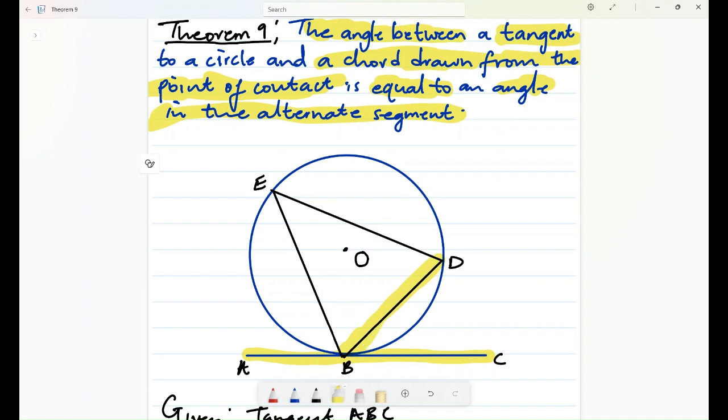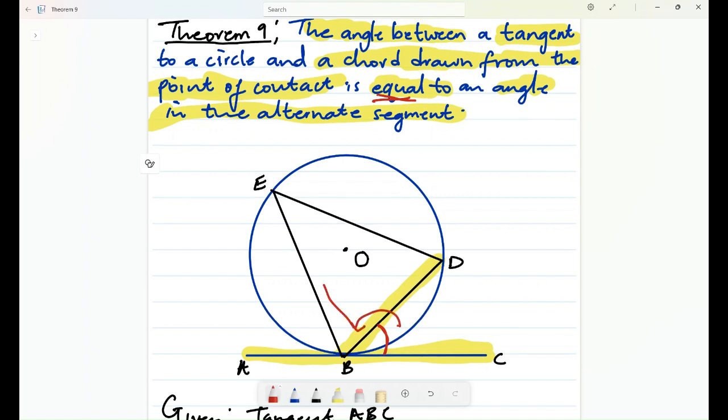Again, this angle between this tangent and the chord drawn from a point of contact, what about that angle? They are saying it is equal to an angle in the alternate segment. The alternate segment is something like this.